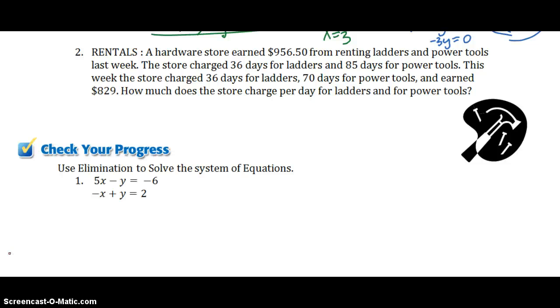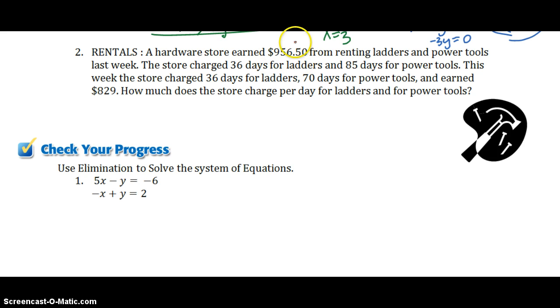All right, so I had to read this problem a couple of times because it threw me off how it says they earned last week, but yet we're talking about 36 days and 85 days, and obviously that's more than a week.